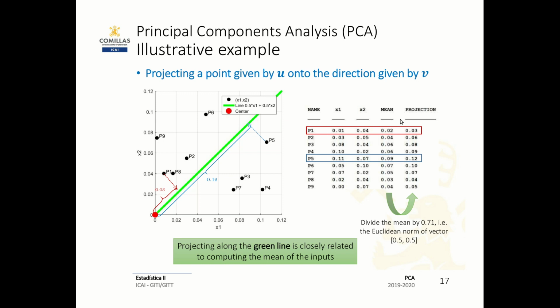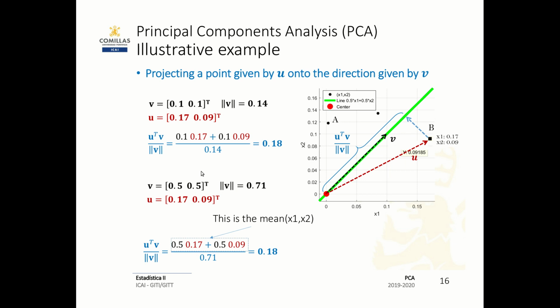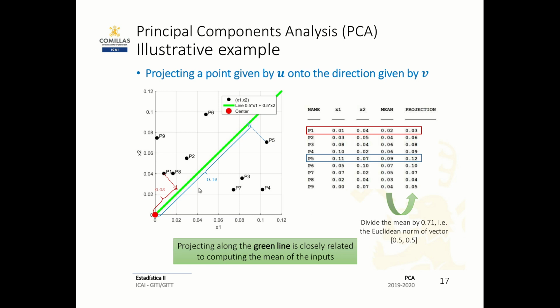Okay, so here we have the projections of each one of these points onto the direction defined by the green line. The green line was 0.5, 0.5. Here we have what is the mean, and this is what is the projection.